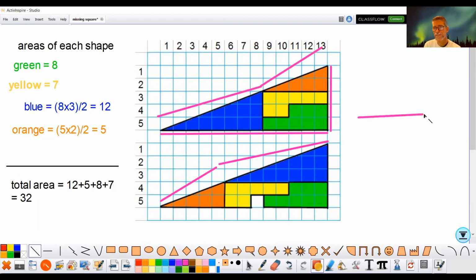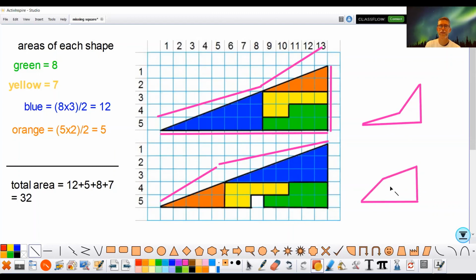So in other words, this triangle, not really a triangle then, is it? They're actually quadrilaterals. This one is pushed outward, so it's got this extra hole.